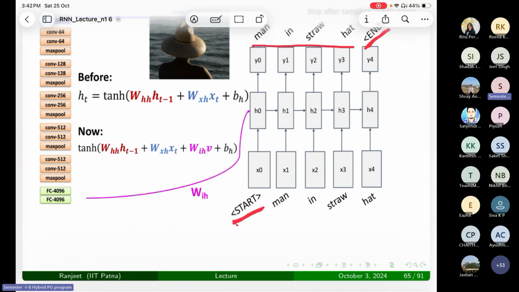Let's see, if at the end we have some time, then I'll also try to cover the practical for the RNN. But it depends on how much time we'll have at the end, because we also need to cover the theory part. But I'll try my best.